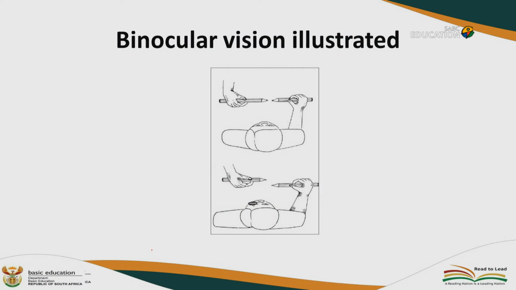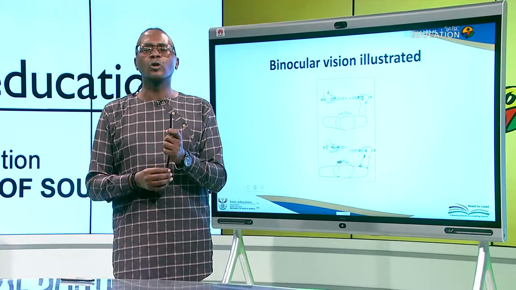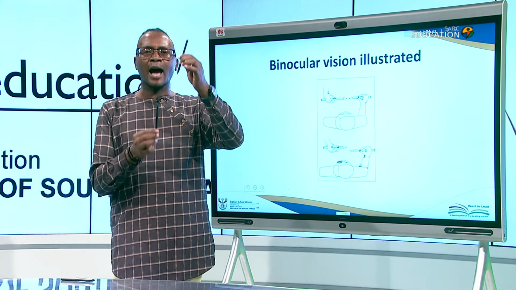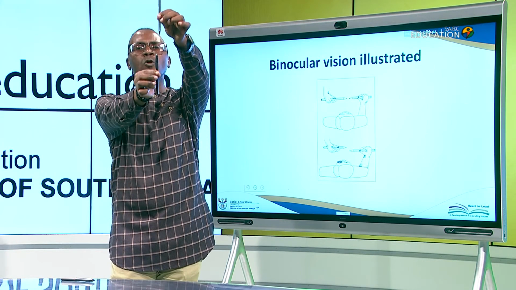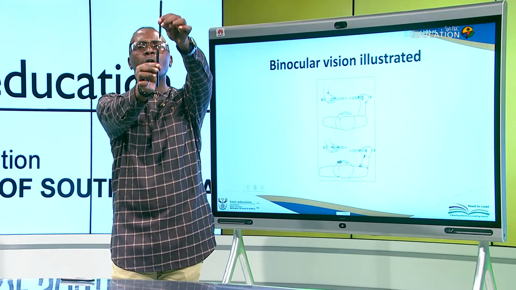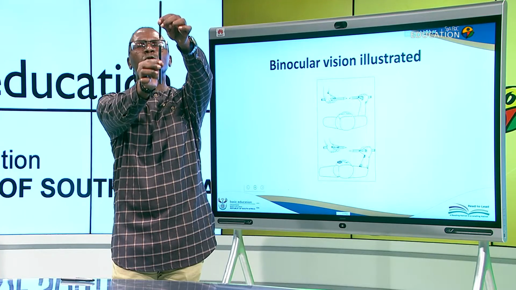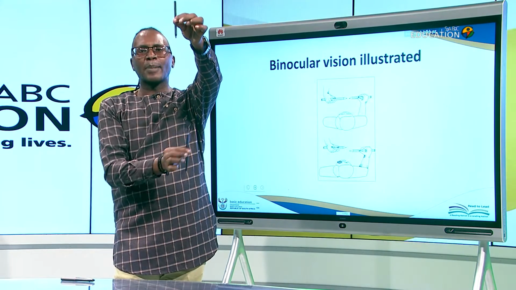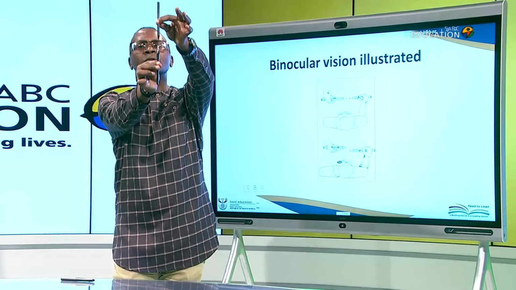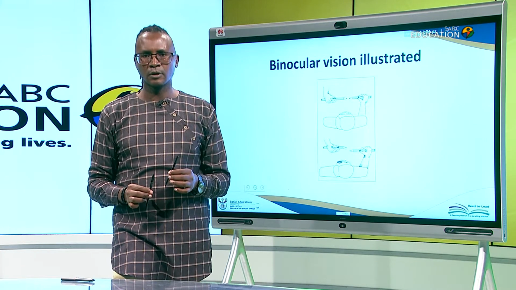Now, you can open your pencil case, and I want you to demonstrate binocular vision using the two pens. Now, supposing you close your left eye and try to take the two pens away from you and try to touch them. It's going to be difficult to do that because you're using one eye. But when you use both eyes, it's quite easy.